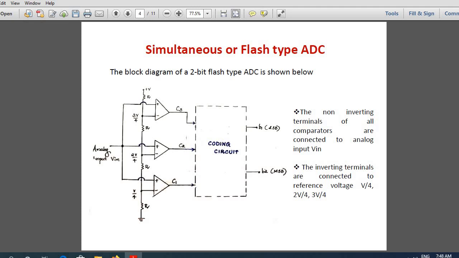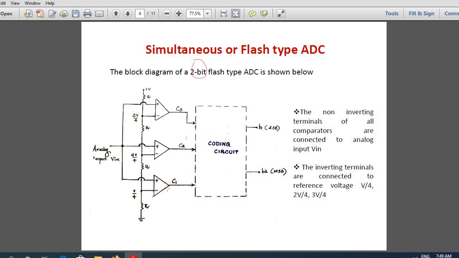Now, this is the circuit for a 2-bit flash type ADC. What is the meaning of this 2-bit? It means that the analog input that you are providing will be converted to a 2-bit digital signal. So, look here. You have 3 comparators. Operational amplifiers are used as comparators for comparing two voltages.